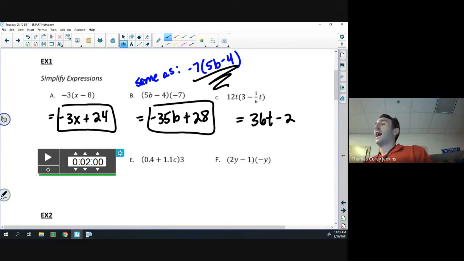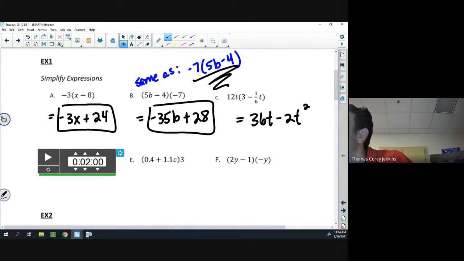Now we also have multiple t's being multiplied together, right? So this would be equal to -2 times t times t, right? How do we usually say t times t? Or what's a cleaner way to say that? Anybody know? Yes? T to the second power. That's right. So that term overall is -2t to the second power, or -2t squared.